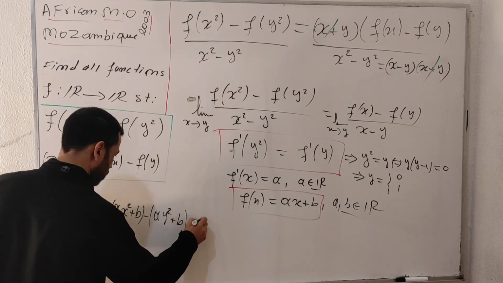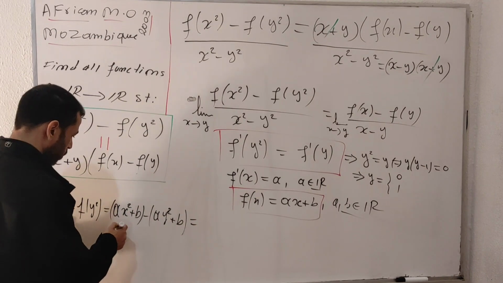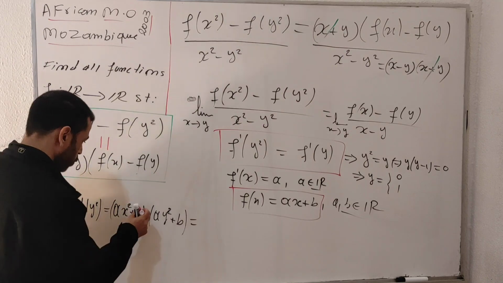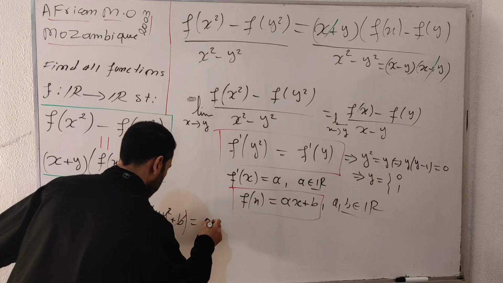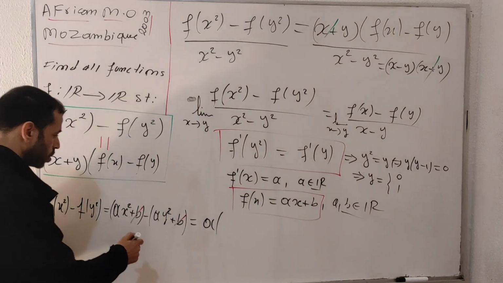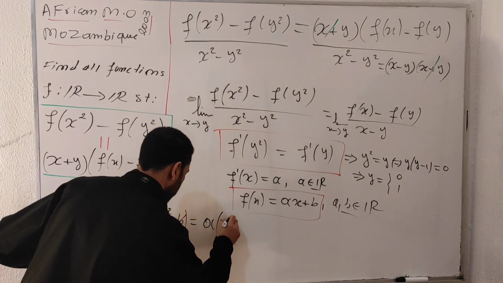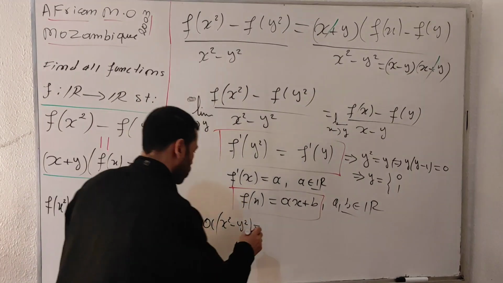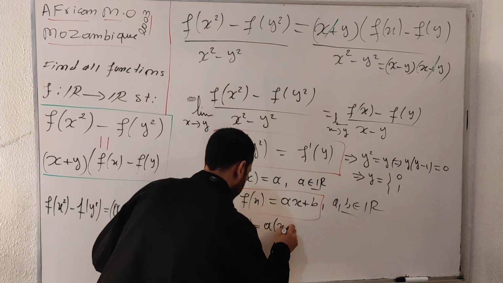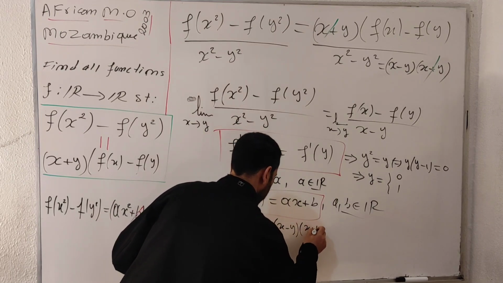The b will be cancelled out. I'm going to take a as a common factor, so I will have a multiplied by x squared minus y squared. Factoring this out, I will have a multiplied by x minus y factor x plus y.